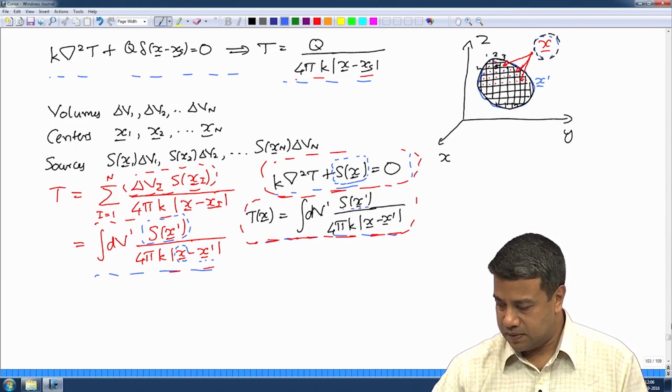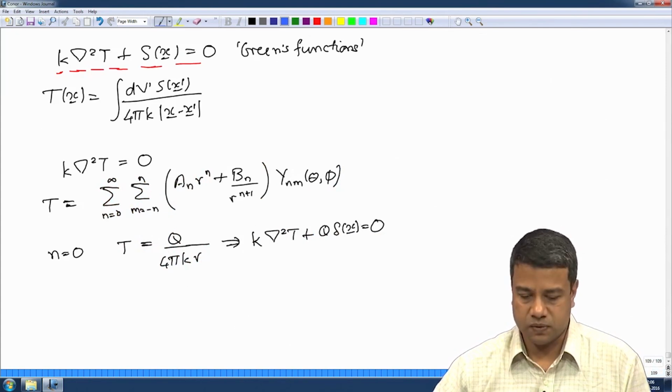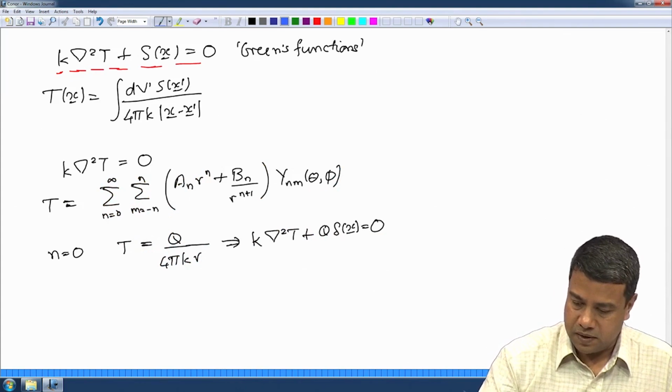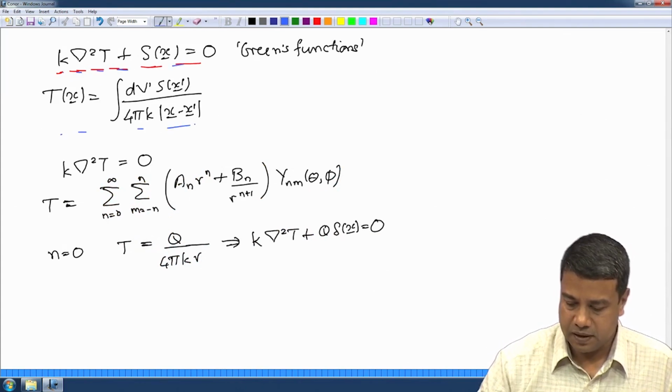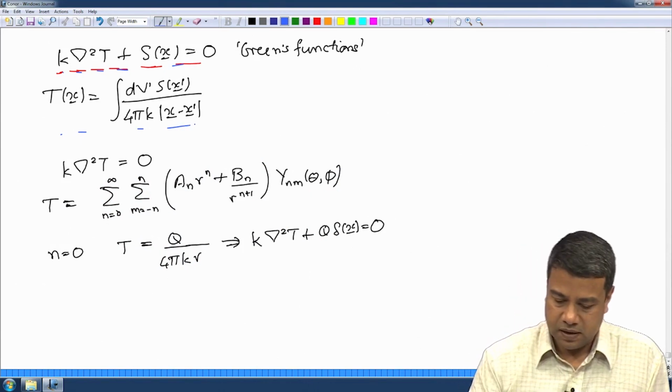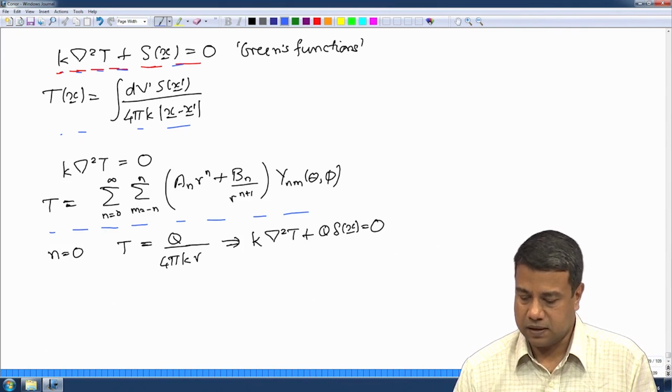In the last lecture we were trying to see the relationship between these two kinds of solutions. You have one solution wherein you express the inhomogeneous term as a source term, and then you get the temperature field. The other is this expansion, a times r to the power n and b n by r to the power n plus 1.